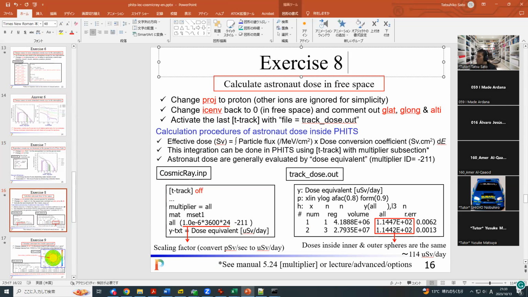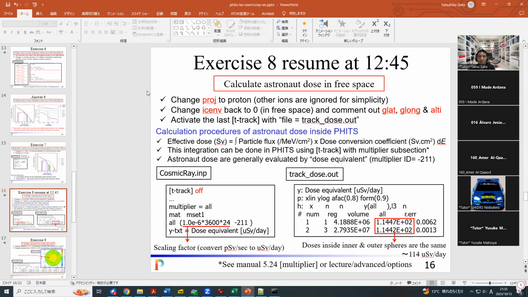In UTC, I think 10:40, at 12:45. Okay, so let's take a break, about 10 minutes.